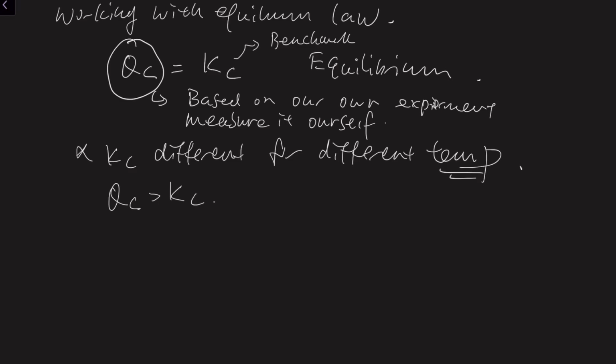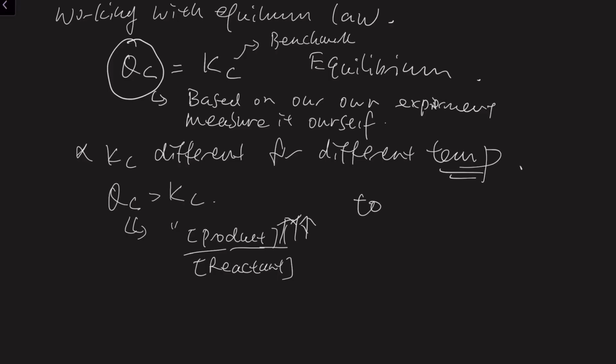If Qc is bigger than Kc, what does this indicate? Remember that Qc, broadly speaking, is you divide the concentration of product by the concentration of reactant. So if Qc is very, very big, you have too much product.